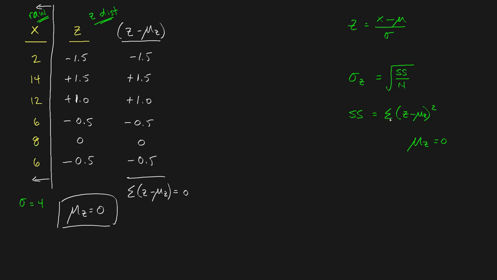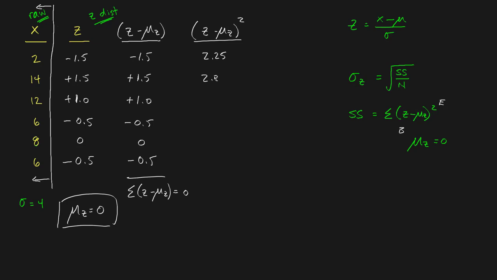But we're looking for the sum of the squared deviations. We did the brackets. Next thing we have to do is exponents. So we're going to take each one of these results, each one of our deviations, and square them. So negative 1.5 squared is positive 2.25.